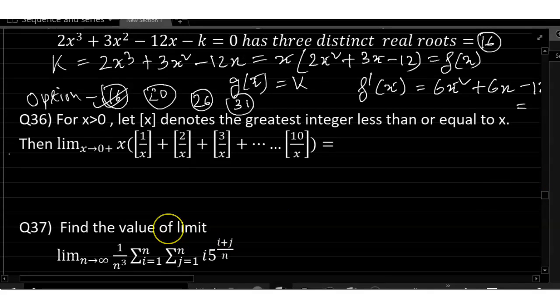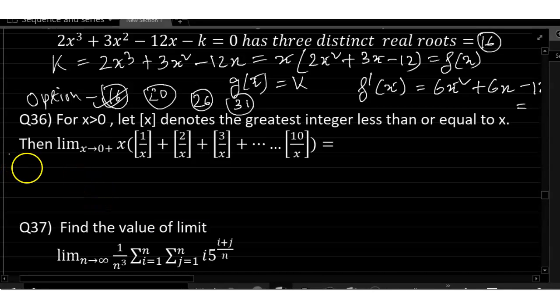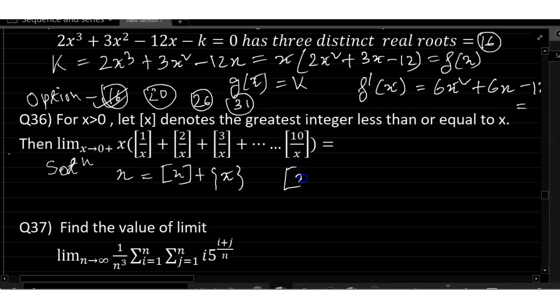Next problem. Solution: the box x is x minus the integral part of x, that is, x minus the greatest integer part of x.